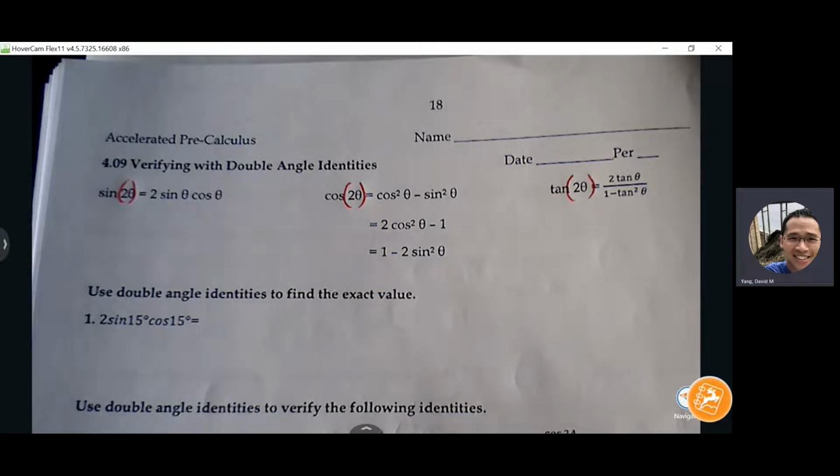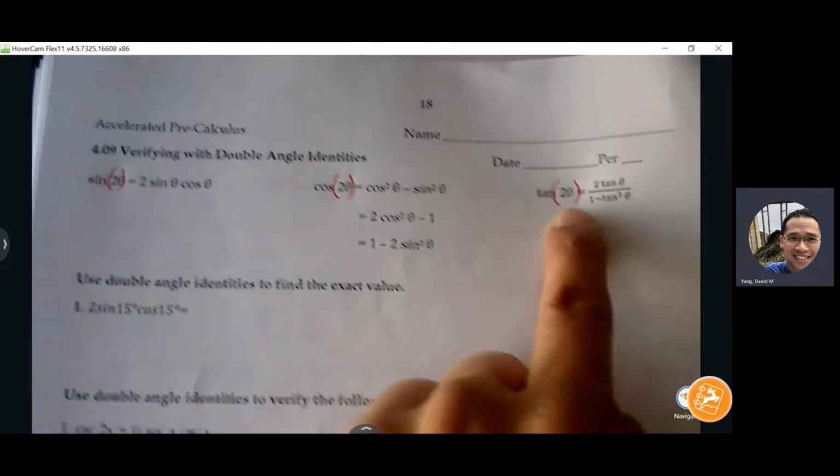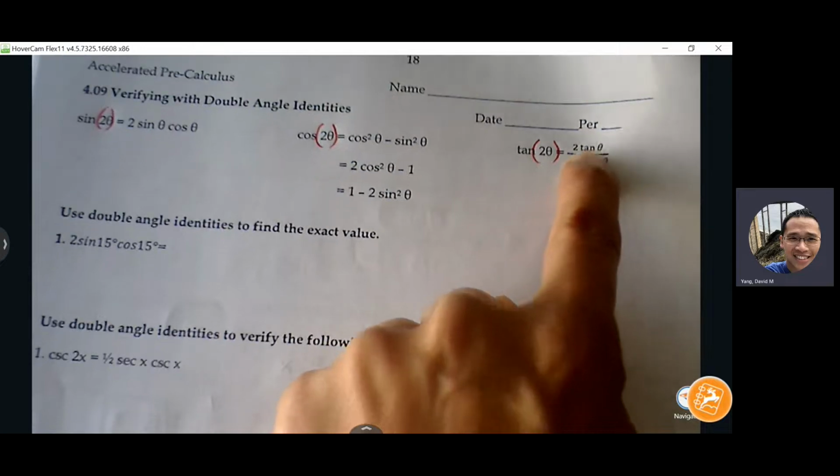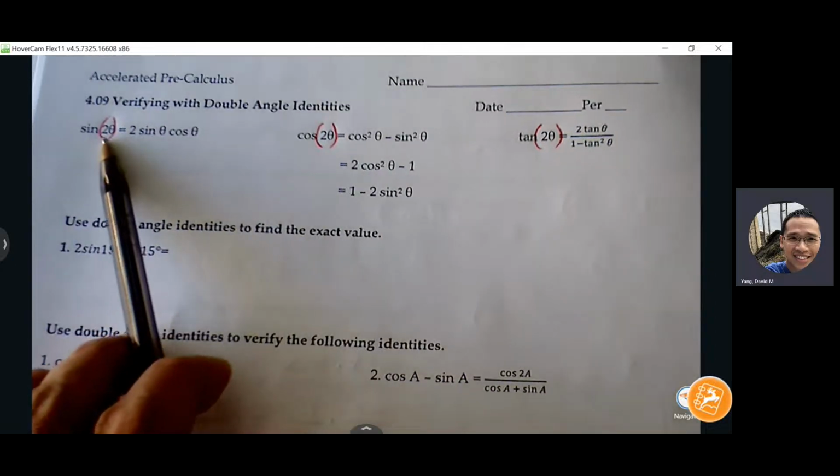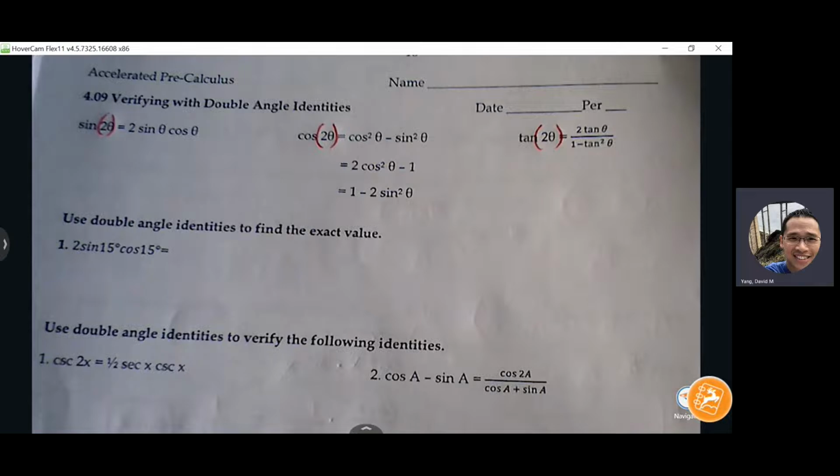It just makes it so we're able to get to our solution a lot faster. Tangent of 2 theta looks a little more complicated, but we can break it down into 2 tan theta divided by 1 minus tangent squared theta. Basically, this is the way that we can get rid of that 2 inside that trig function.